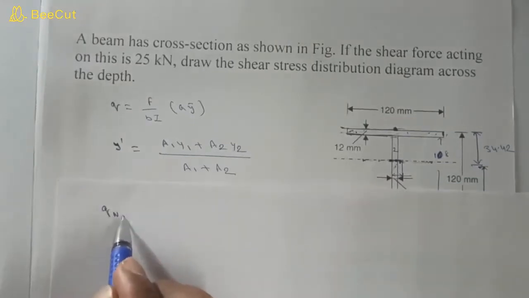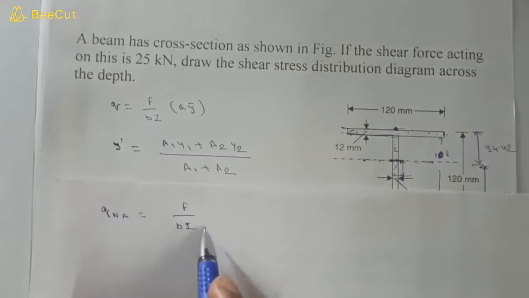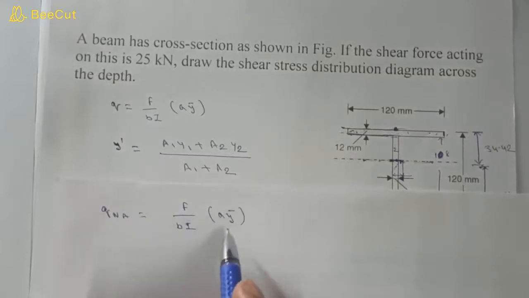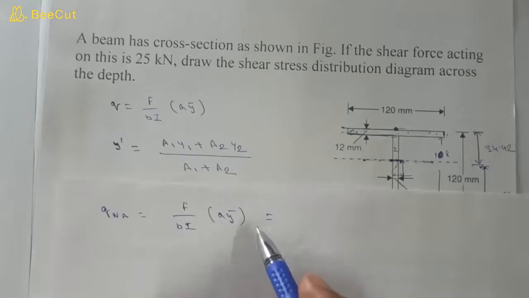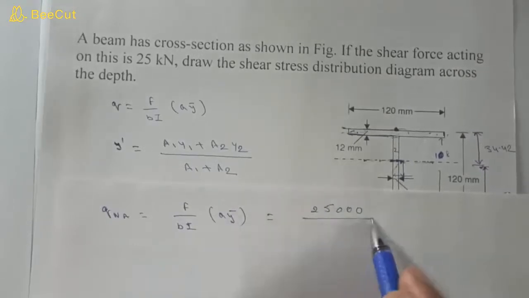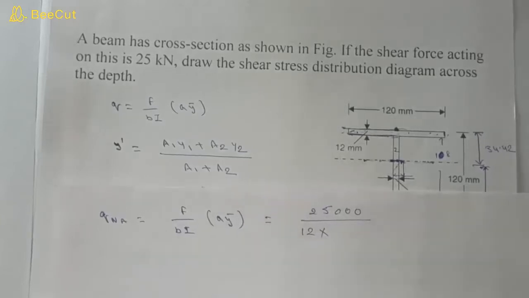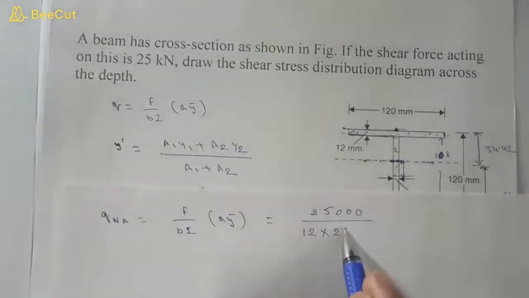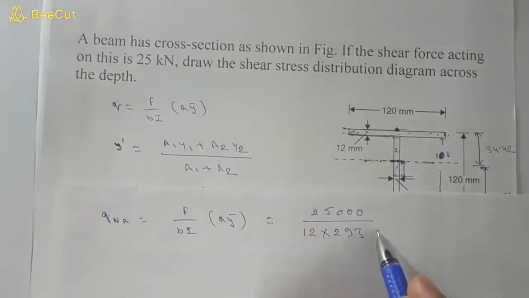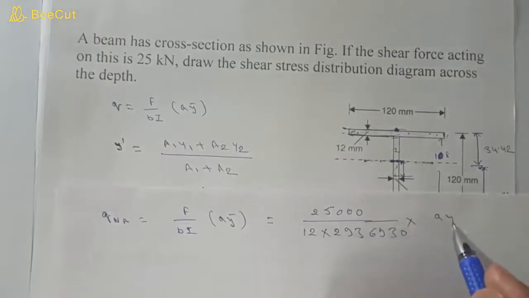Q at the neutral axis will be the same, F upon B I into A y. F is already given, 25 kilonewton, B is 12, and I we have already calculated, which is 2936930, into A into y, which we have to calculate.